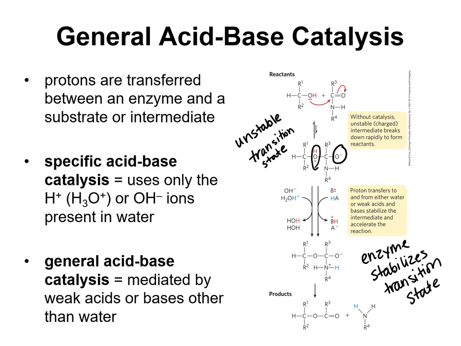The other thing that an enzyme can offer that just doing it on the benchtop can't really give you is that you're only limited to the hydronium or the hydroxide ions that are present in water, all the things that you can bring to the game. Whereas with general acid-base catalysis, we're talking about R groups on amino acids.